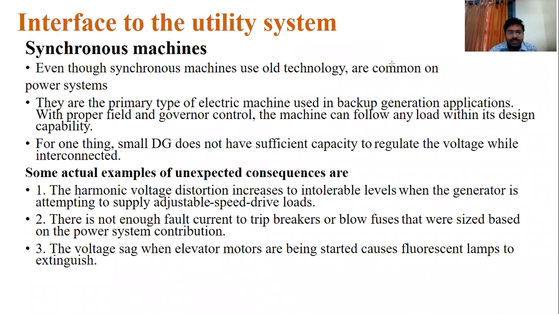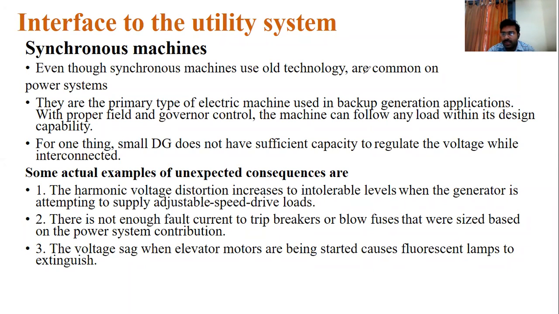Next, we can see how these synchronous machines will be added into the system, and how to use these systems. You know that synchronous machines or synchronous generators are the main common machines and generators in power systems. So what is the difference between DG and other base load plants?